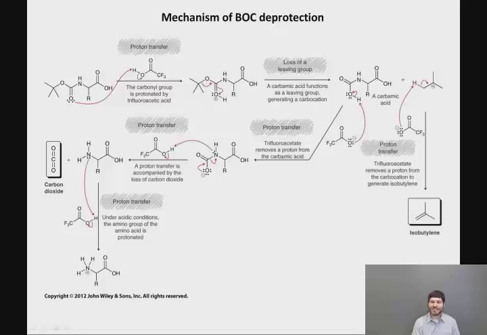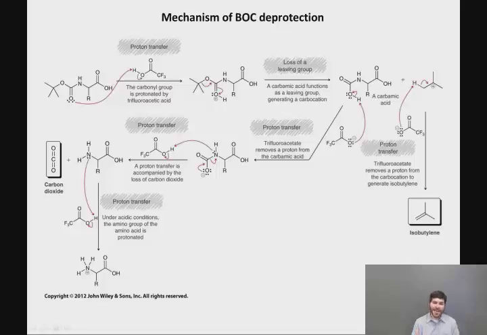So that gets deprotonated by trifluoroacetate, putting a negative charge on this oxygen, and now you lose a molecule of carbon dioxide. Okay, so whenever you can form carbon dioxide in a reaction, you're going to want to form carbon dioxide in a reaction because it really and truly is a thermodynamic sink. It's something that once it's formed, it goes away. That's why it's the ultimate end product of combustion.